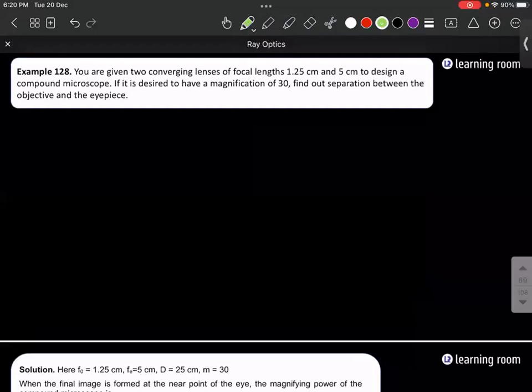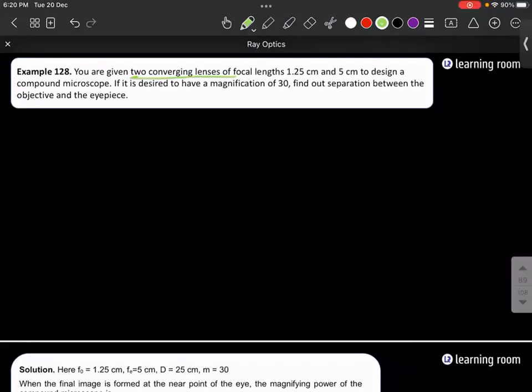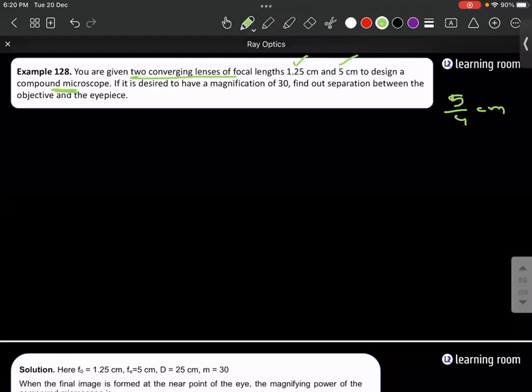Now, you are given two converging lenses of focal lengths 1.25 centimeter, that is 5 by 4 centimeter, and 5 centimeter, to design a compound microscope. If it is desired to have a magnification of 30, find out the separation between the objective and the eyepiece.